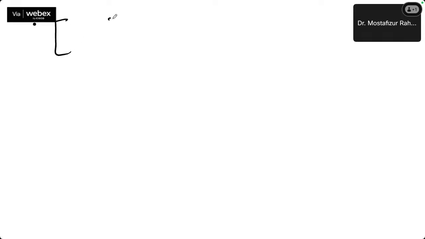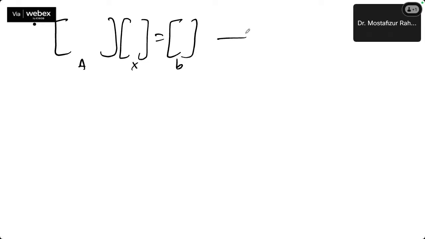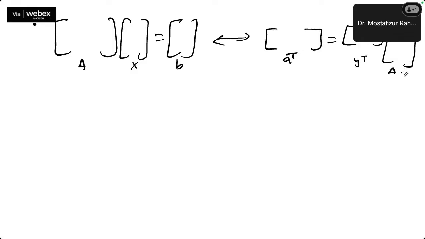So earlier the structure was AX equals B. Now this is the column space picture, and now the picture is like this: A transpose equals Y transpose A. So why am I converting all these pictures?